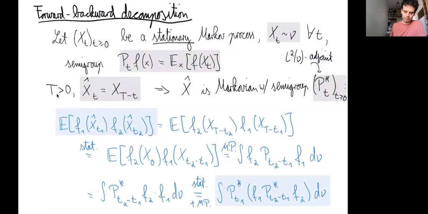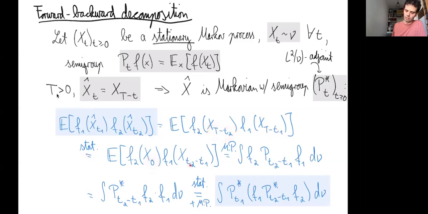So this expectation here, just plugging in the definition of x hat, is t minus t2, t minus t1. Before, this was the smaller time and this was the bigger time. Now this becomes the smaller time because we subtract more from the final t, and this becomes the bigger time. And now by stationarity, we can shift everything by this t minus t2.